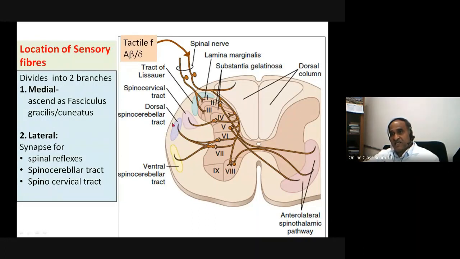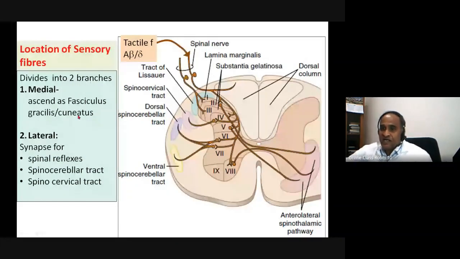Another part will be sending the impulses to the cervical tract. So the lower part of the spinal cord should have a link with the cervical portion, because when we are maintaining body posture, body on neck, body on body, these type of reflexes exist.